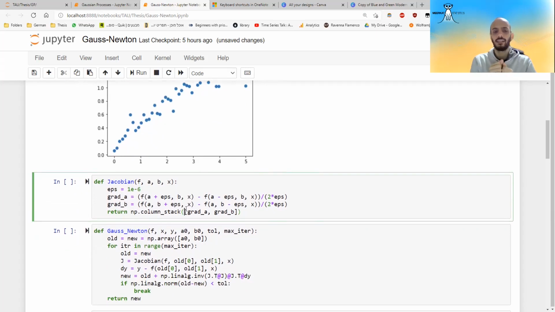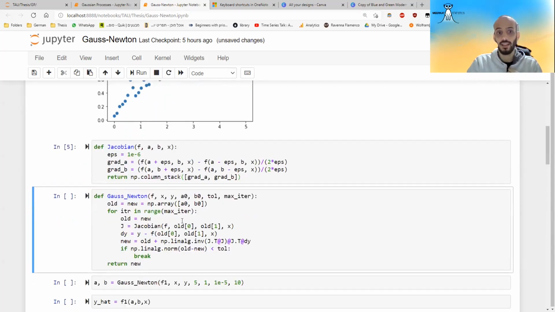And I take the function and add a little bit for the first parameter and subtract from it the same function where I subtract a little bit from the a parameter, and I divide it by 2 times the epsilon that I'm adding and subtracting, and this is a numerical approximation of the gradient.